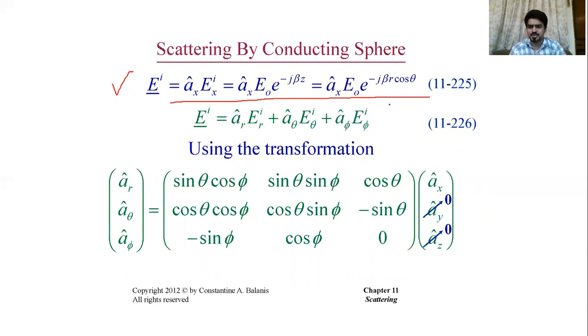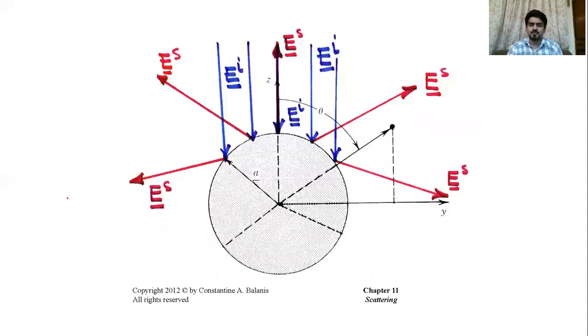Using the coordinate transformation, we can write this ax component in terms of three components: ar, a theta, and a phi, using this matrix. This is the problem we have: you have some incident waves, and from that these are the scattered fields.